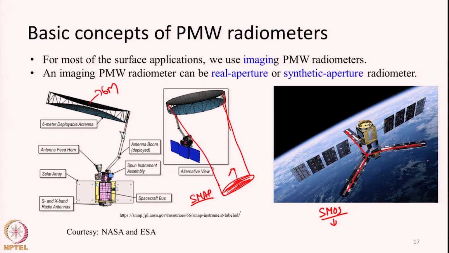Okay. So, there is no physical motion involved. It is due to the complex data processing that the land surface observed by different antenna elements is stitched together to form one footprint or one full area.